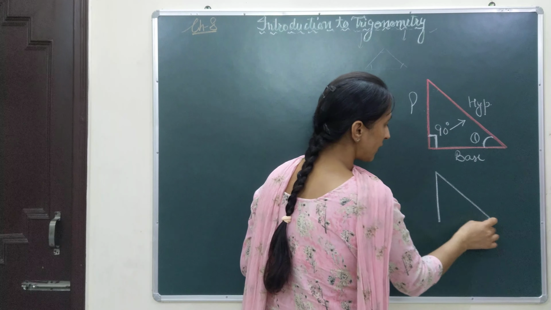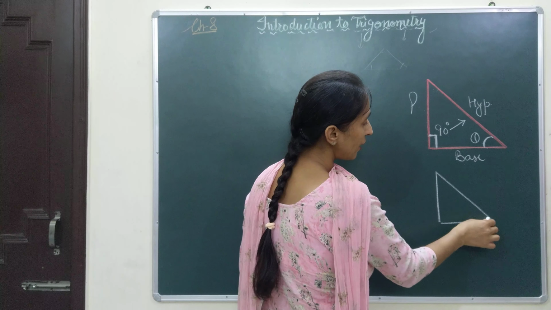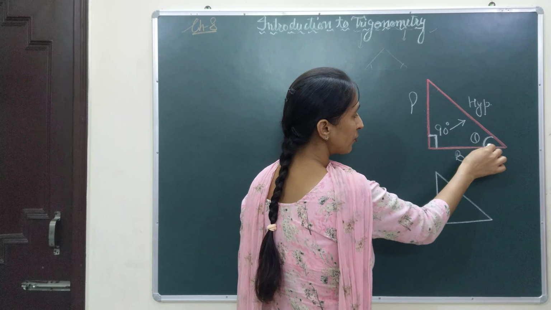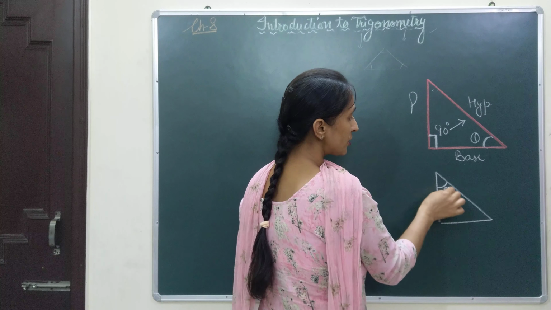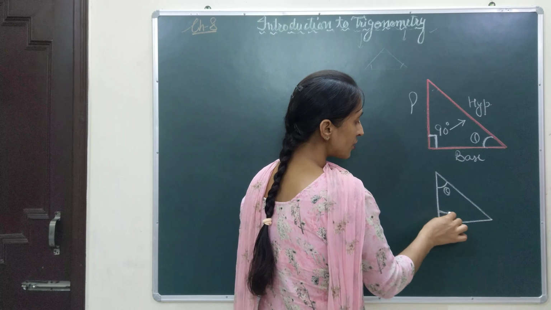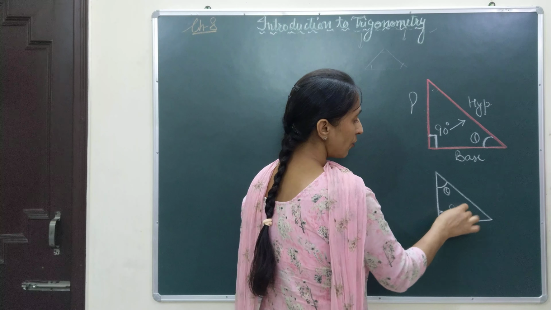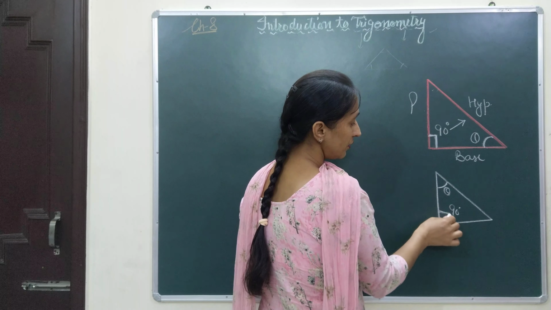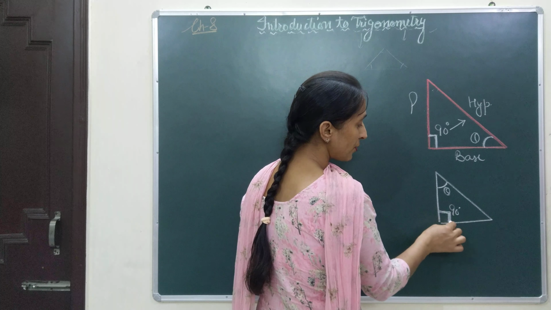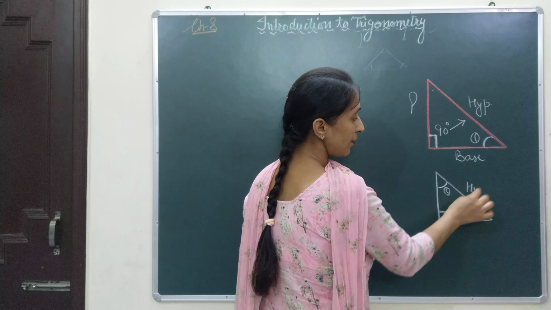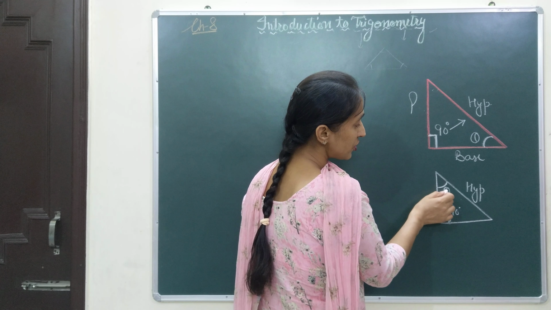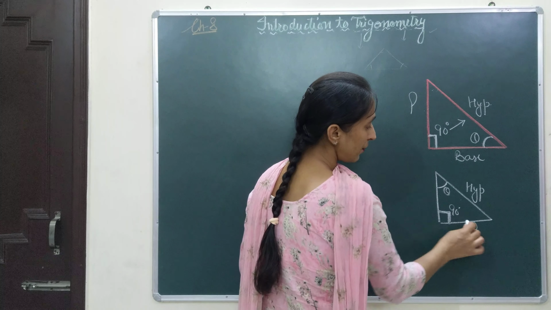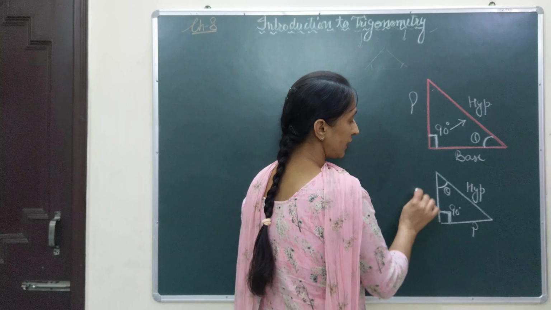But in the other case, theta moves from this corner to this corner. Suppose theta lies here. This is your right angle. Now, the side which is opposite to 90-degree is hypotenuse, the side which is opposite to theta is perpendicular, and the remaining side is base.